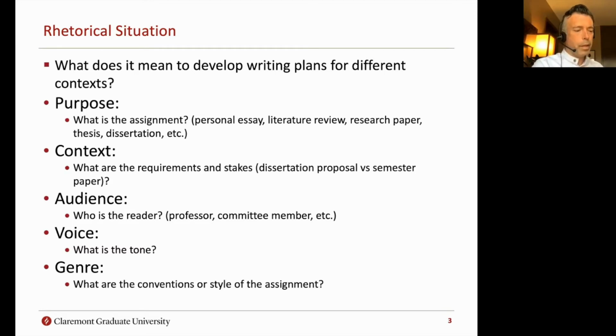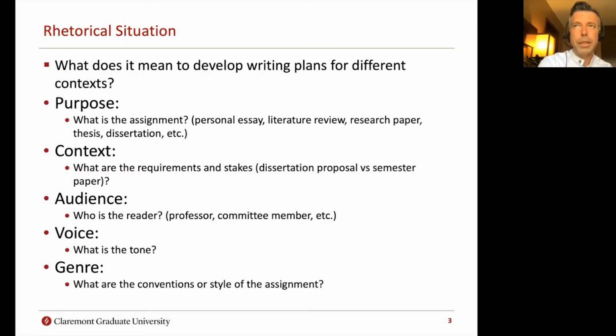And the genre is going to be the set conventions in a field that are then expected by your audience, by your reader, and is oftentimes going to be the moves or the structure that the expression of your understanding or knowledge or research in the field is going to be judged upon, right?